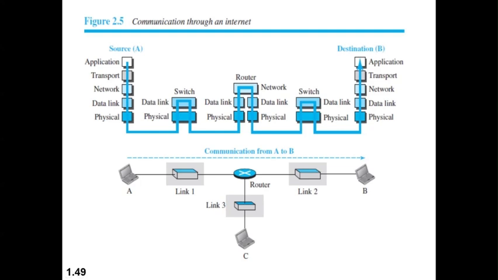In the network layer, as I said, it has to decide what is the best path for it to reach destination B. So it has understood that the data to reach B should go via link 1. Link 1 may be another computer. Then it should go to the router. Then it should go to link 2 to finally reach the destination. This is the path it has found.